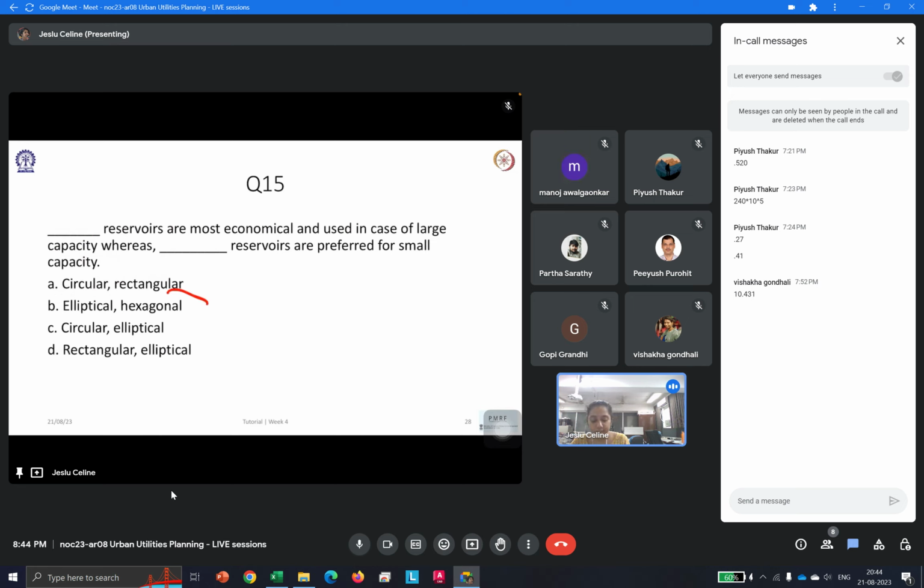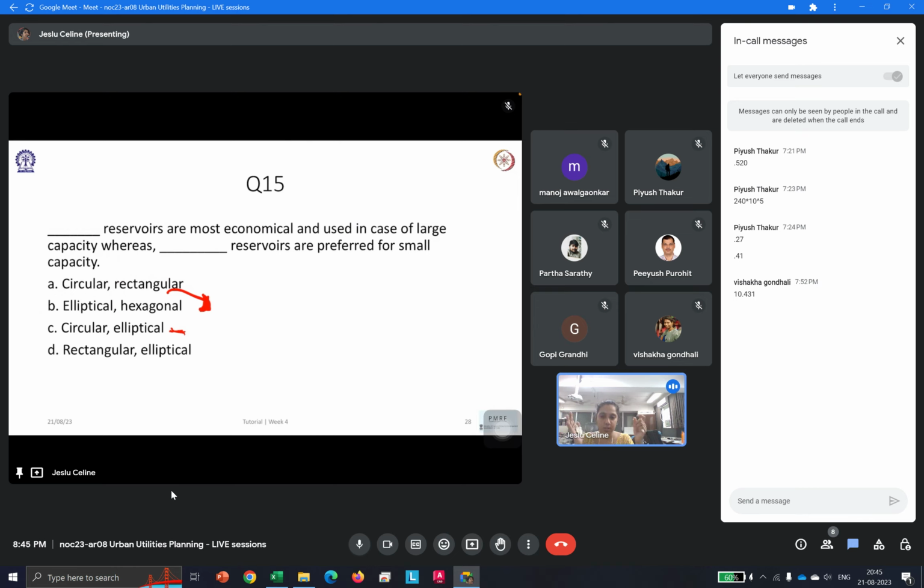Rectangle is preferred for small capacity because it's easier to build a rectangular one. When you look at the cost and the design calculations, rectangular is easier, and with small capacity, that is enough. A rectangular reservoir will serve the purpose. Elliptical, again, is not very easy to design because you need to consider a lot of factors.